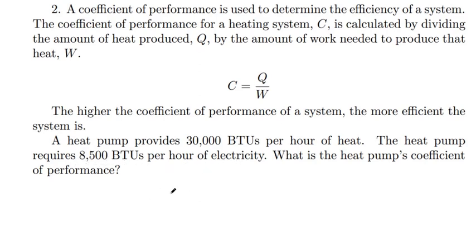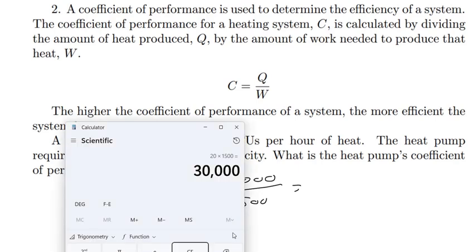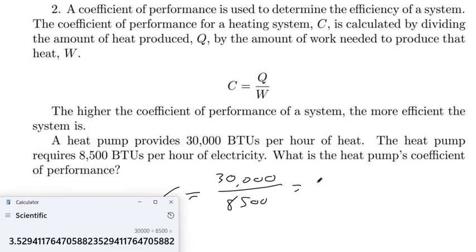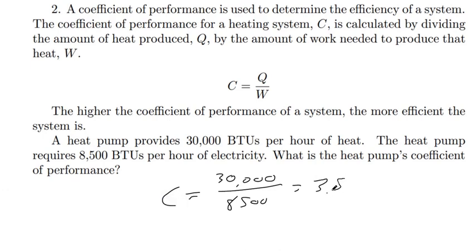So what's its coefficient of performance? It's 30,000, that's the amount of heat, that's what they said Q is, divided by 8,500, the energy we have to put into the system. So 30,000 divided by, what was it, 8,500? So we can round this, 3.53 is its coefficient of performance.